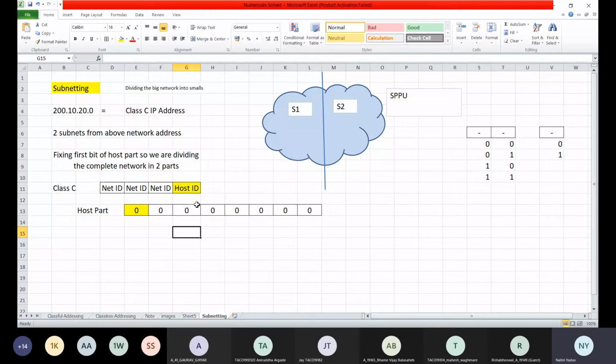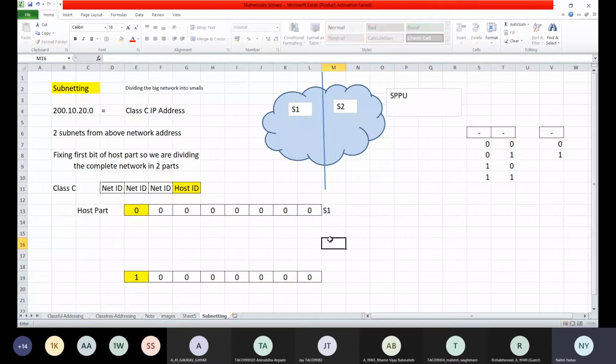The remaining positions will be used for giving IP addresses to the actual hosts, right? And the first bit will be fixed. So this first bit will have the value 0, and similarly for the other network, it will have the value 1. So let's say this will be my S1 and this is going to be my S2. Did all of you understand how I have denoted S1 and S2?